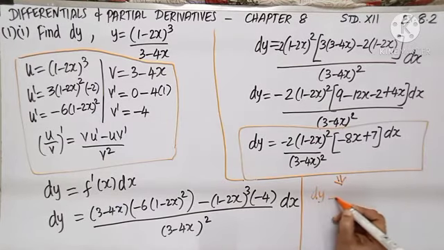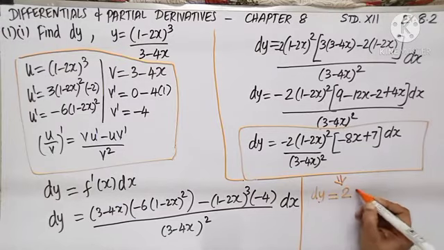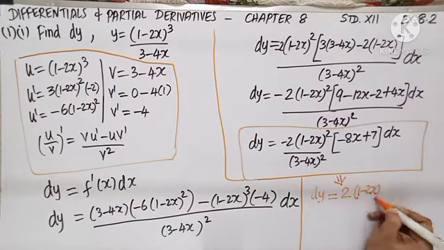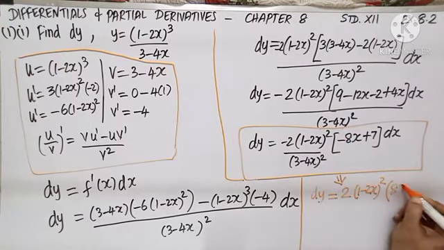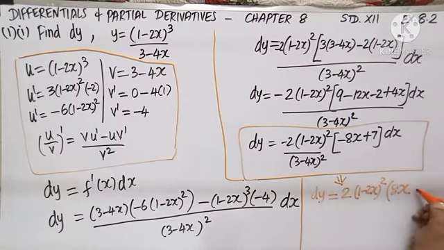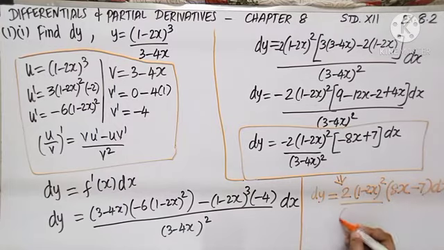I will get dy equals minus 2 into 1 minus 2x the whole square into 7 minus 8x, dx divided by 3 minus 4x the whole square, and that's the final answer.